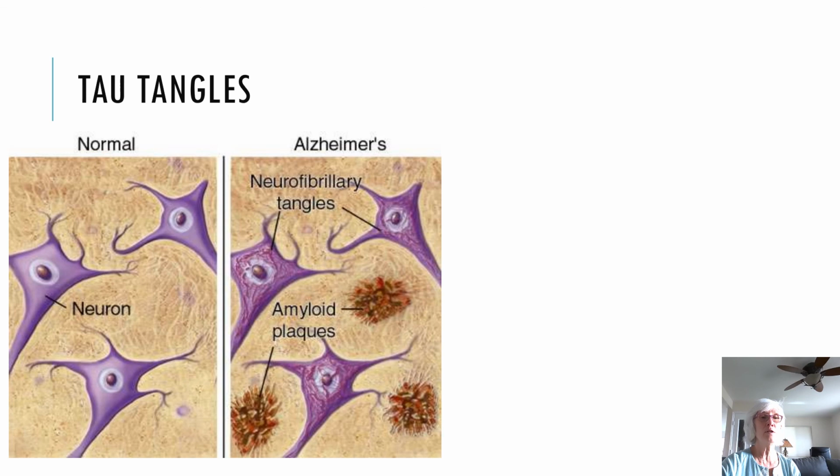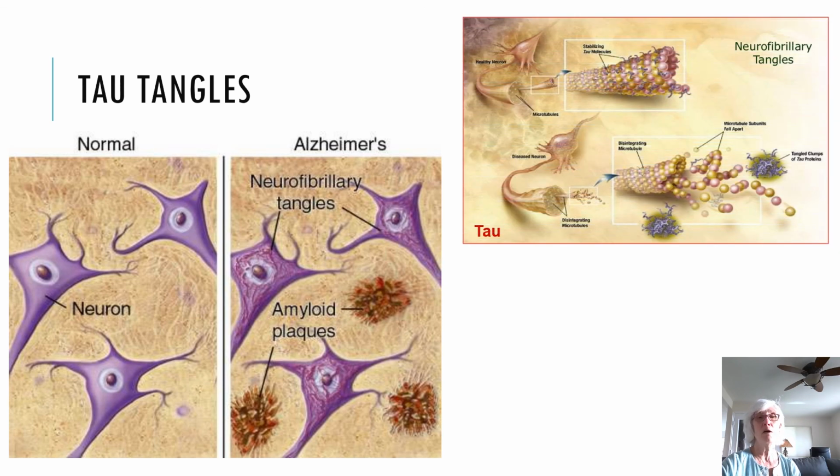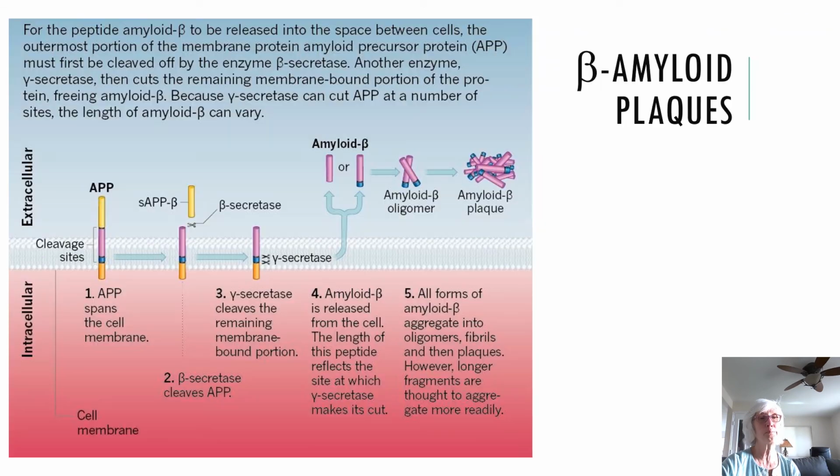When an individual develops Alzheimer's disease, we see that these microtubules get all tangled up inside neurons, creating what we're calling tau tangles or neurofibrillary tangles. And these tangles interfere with neuron function and ultimately result in neuronal death, or at least are associated with neuronal death. Whether they cause it or not, we don't know.